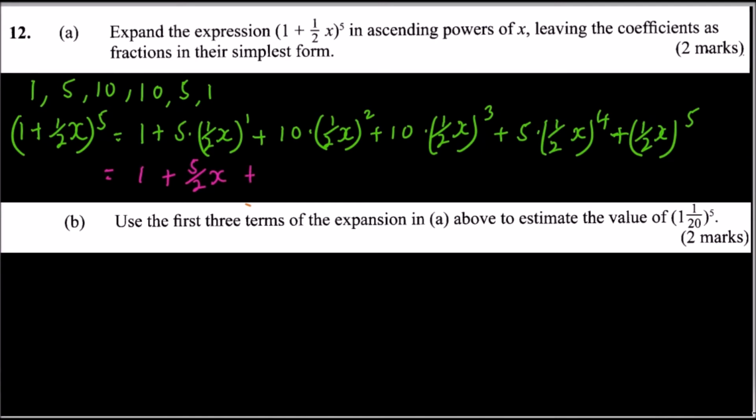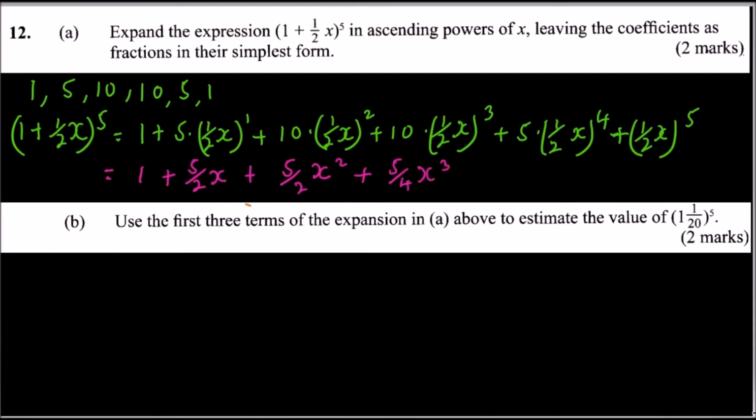You divide 10 by 2, you get 5, and 4 by 2 you get 5 over 2, and that is x squared. Then we have plus, the other one is 10 over 8, you divide by 2, you'll be able to get 5 over 4, and x is to power 3.